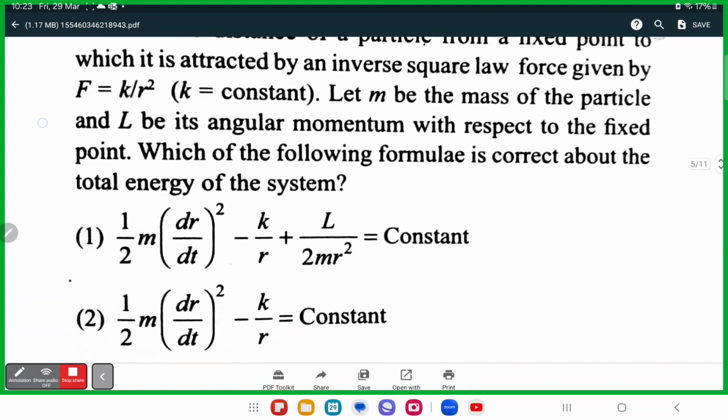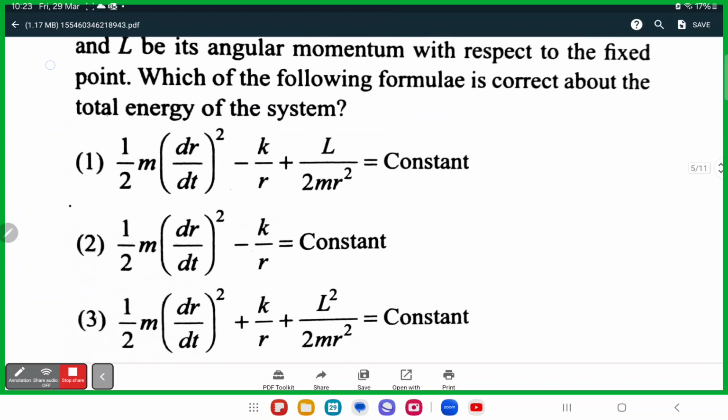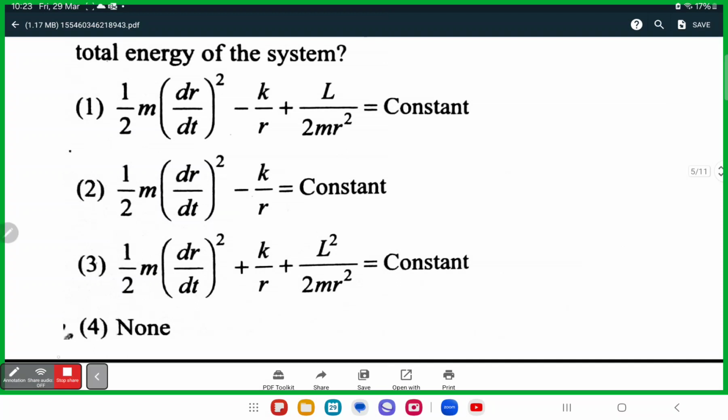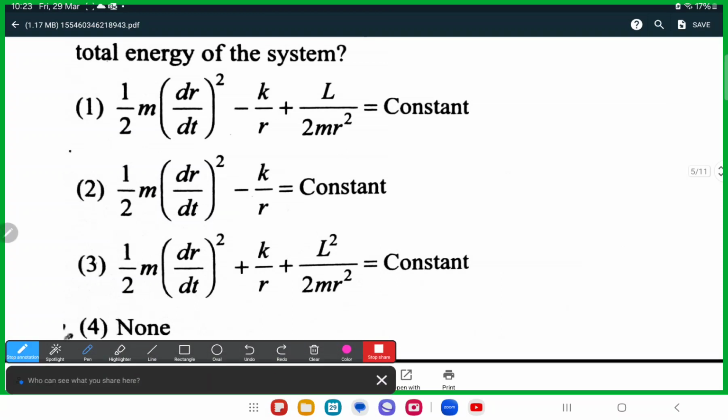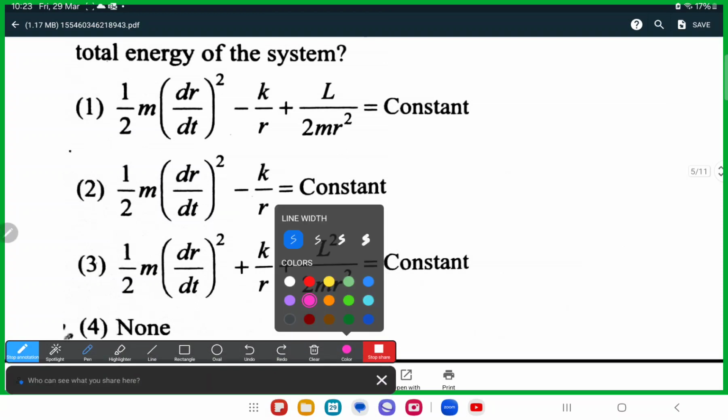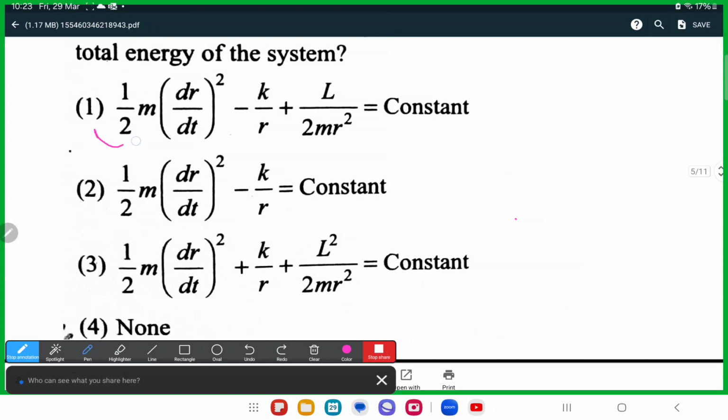Fine. So let's see the options first. Option one, how many terms are there? Now if this concept is clear to you, you can say there should be three. Here you can see how many terms for kinetic energy: two terms, and potential energy, one term.